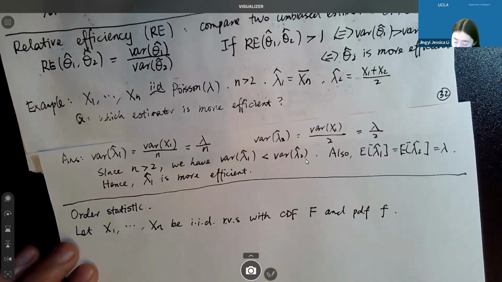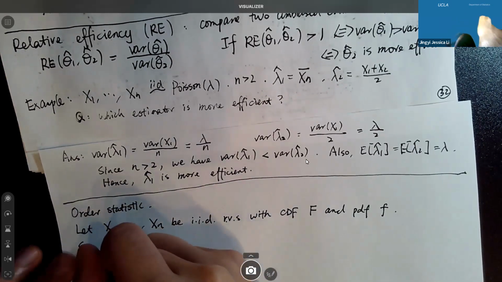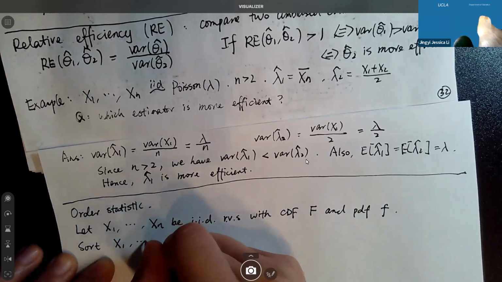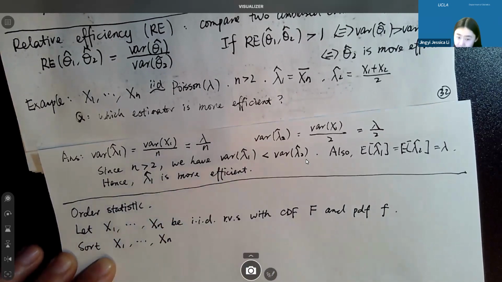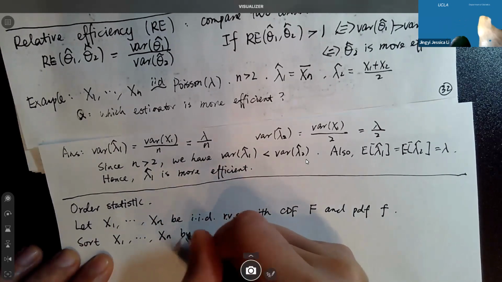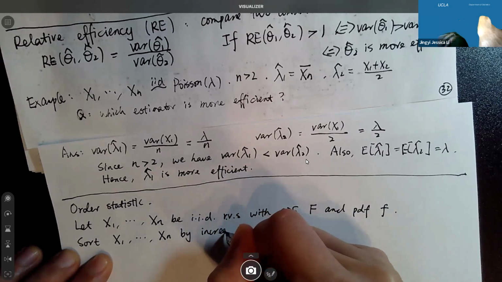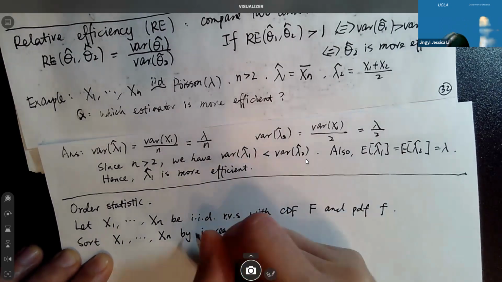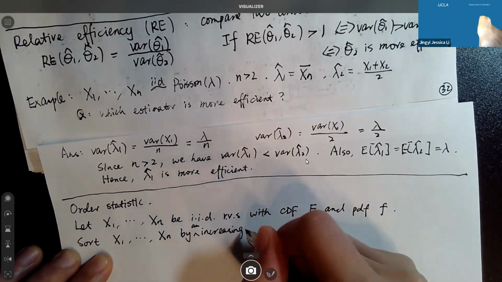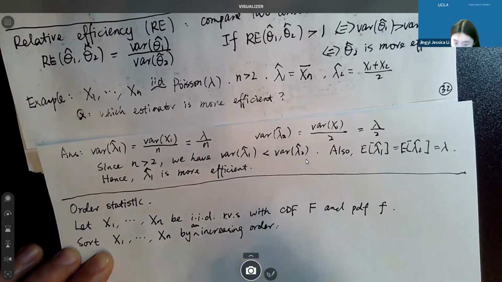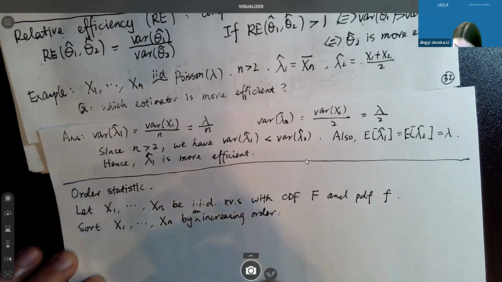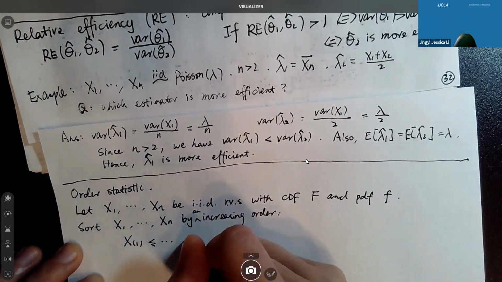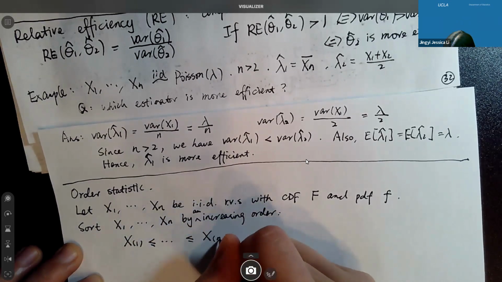Okay, and we sort x1 to xn by an increasing order. So we put the smallest one first and the largest one last.